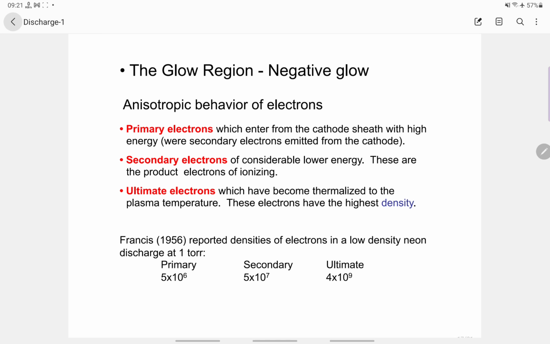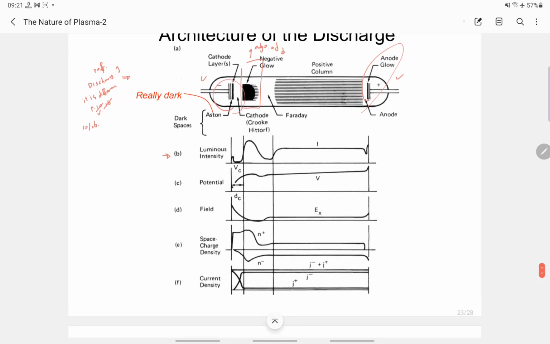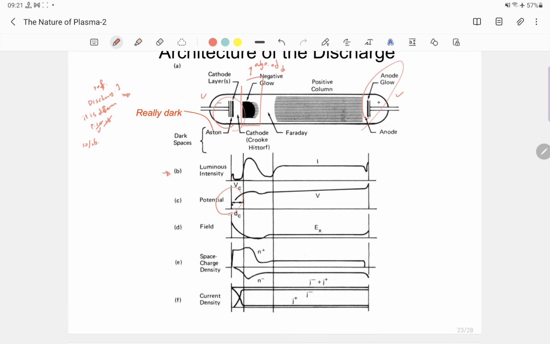So when the positive ion, or cation, travels, the cation will be attracted by the negative potential. So the cation will travel toward the cathode surface, and when it travels across the cathode layer region, it is accelerated by the negative potential drop.